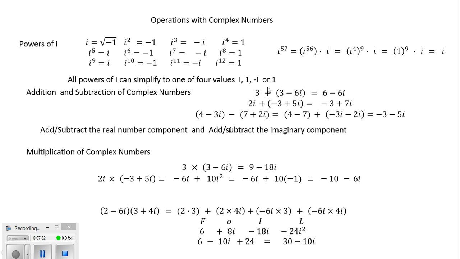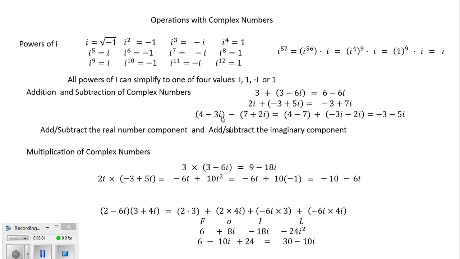Both numbers have a real number part, which we add, and there's only one imaginary part, so 6 minus 6i. The imaginary number 2i plus the complex number negative 3 plus 5i, they both have the imaginary component, so we add the imaginary component, and the real component is left as is.